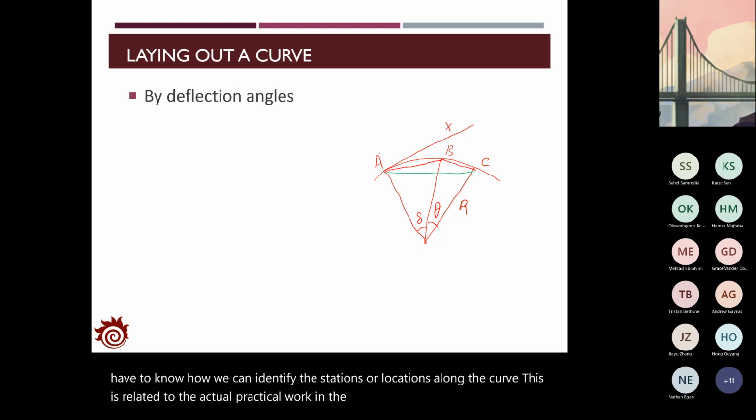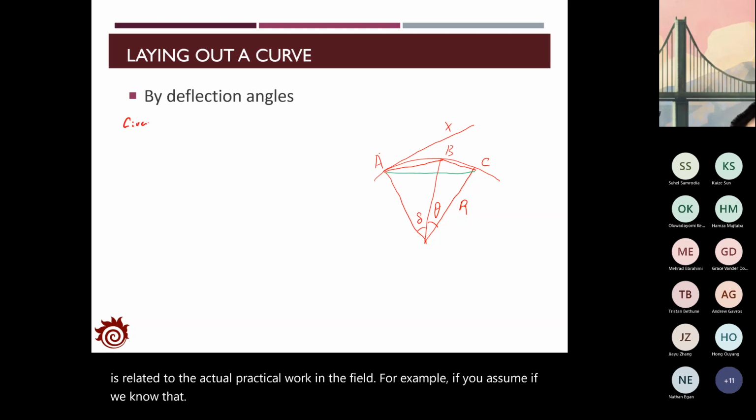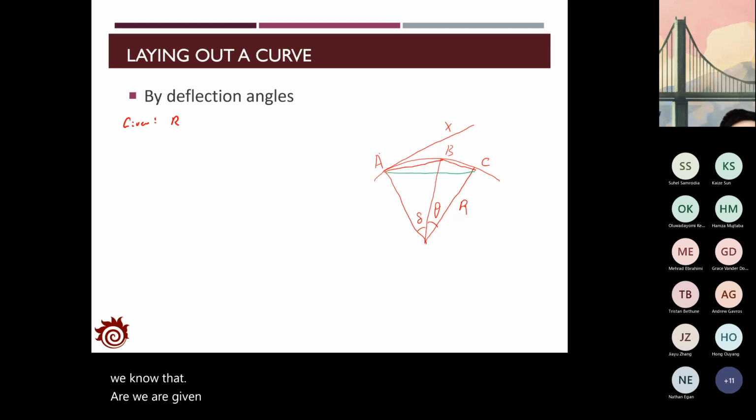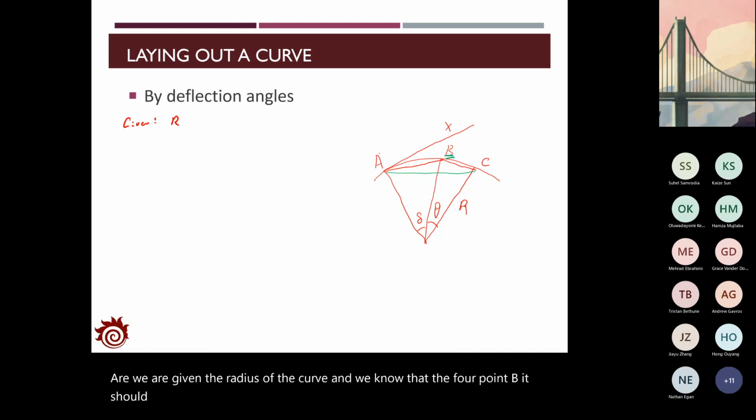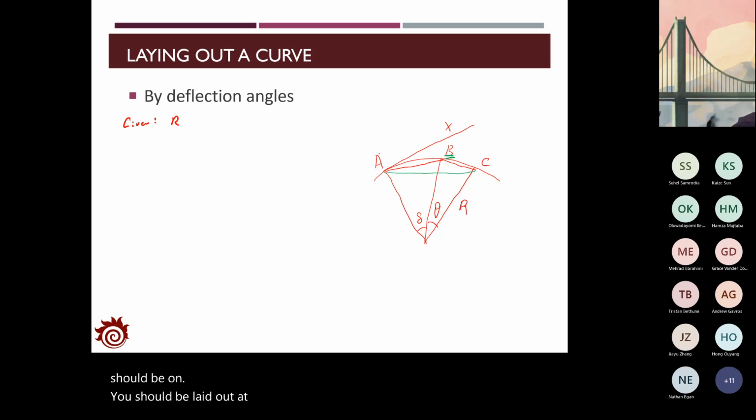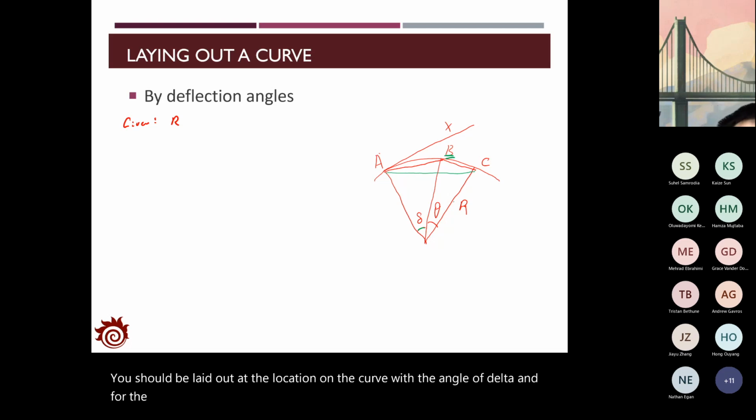For example, if we are given the radius of the curve, and we know that point B should be laid out at the location on the curve with the angle of delta, and point C should be laid out at the point on the curve with the angle of theta, as shown in this figure.